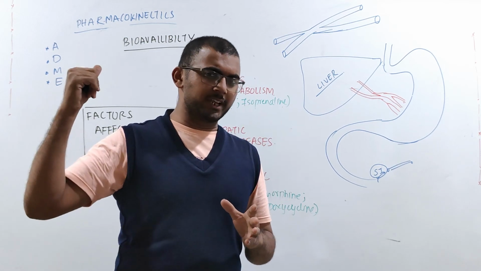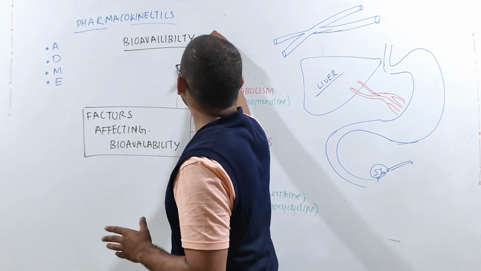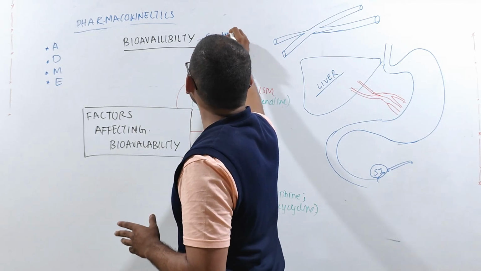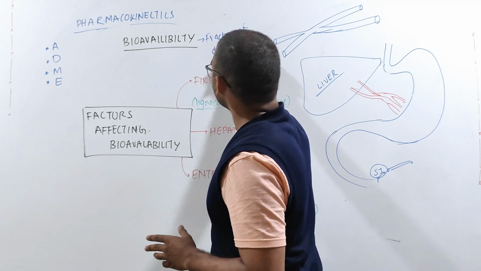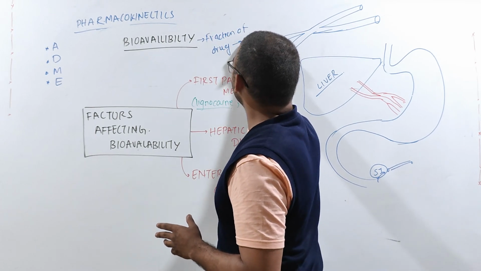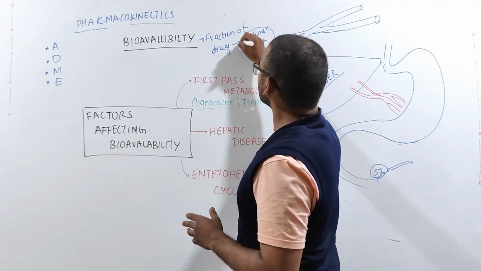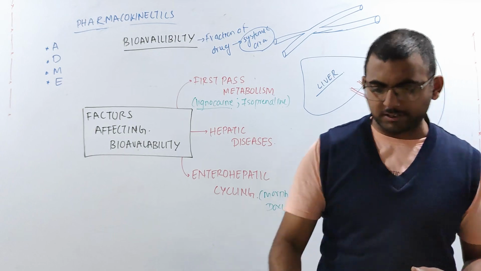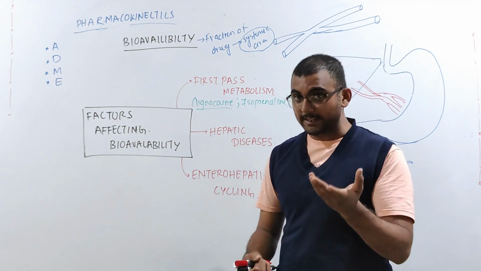So what is bioavailability? Bioavailability is the fraction of the drug which is present in the systemic circulation, because obviously only when the drug enters the systemic circulation is it going to show you the action or the therapeutic outcome, right?